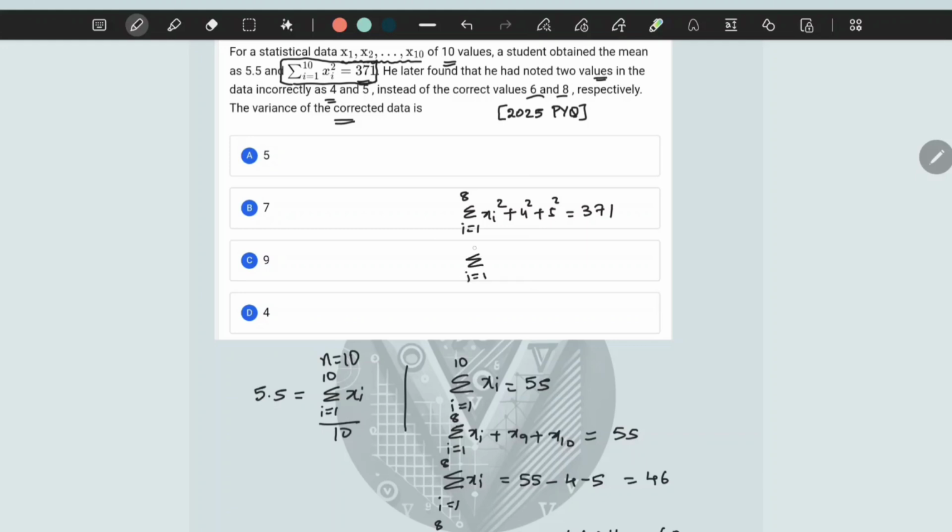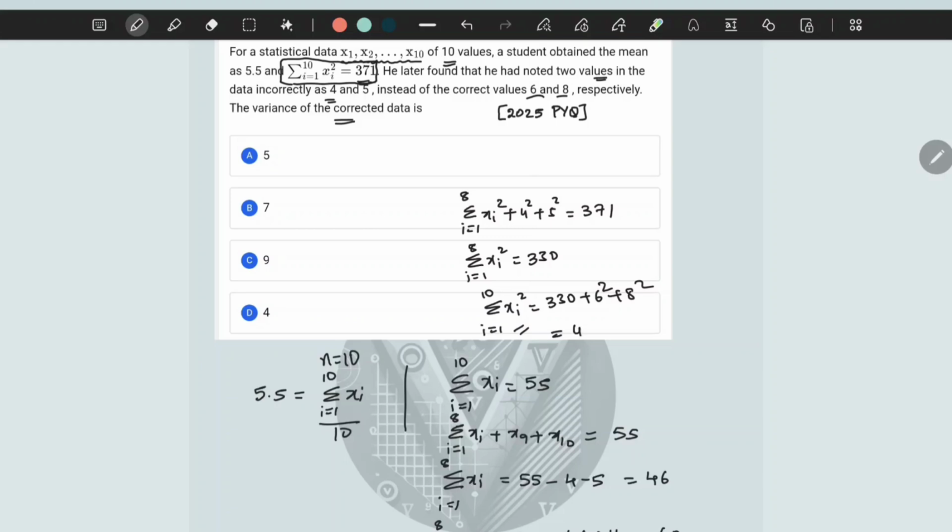So sigma i equals 1 to 8 xi square is equal to 330, but we want sigma i equals 1 to 10 xi square. That should be 330 plus 6 square plus 8 square. Now this is the actual value, so this should be 330 plus 36 plus 64.